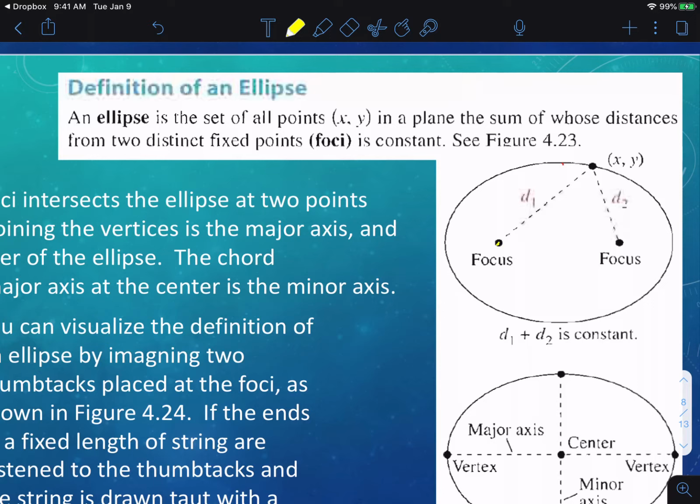So if I take this focal point and this focal point right here, and I measure to a particular point xy on the ellipse, this distance d1 and distance d2 from those two focal points, when I add them together, will always make the same number. So d1 plus d2 is constant.